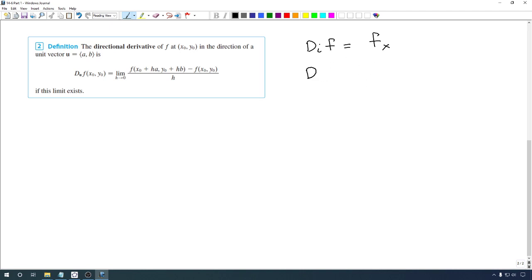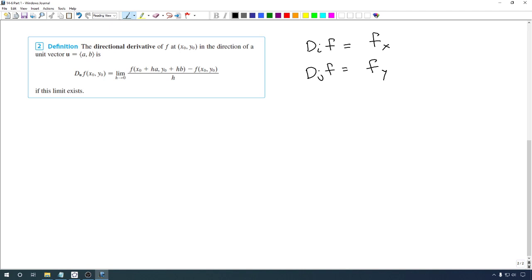And the same thing with j. j is the vector 0, 1. It's just the y direction. And the directional derivative in that direction is just the partial derivative with respect to y. So this is not really a completely new thing. All the stuff that we've been working with up to this point has been a special case of it.